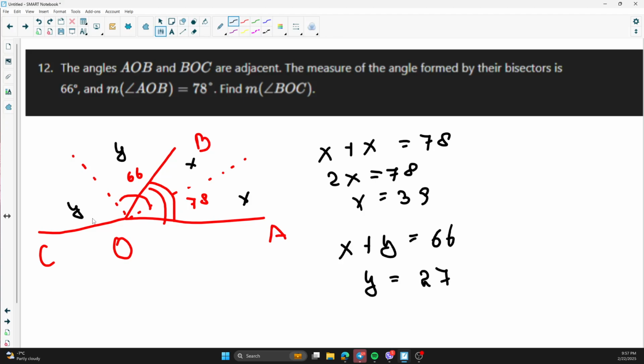So y is 27, but the entire COB is 2 y's. So COB equals 2y, which means COB will be 54. Did you understand? Actually, this problem is kind of easy. I don't think it would have been if I hadn't told you x, x, y, y. So you need to just think in variable terms, okay?